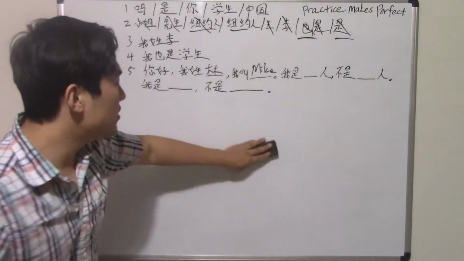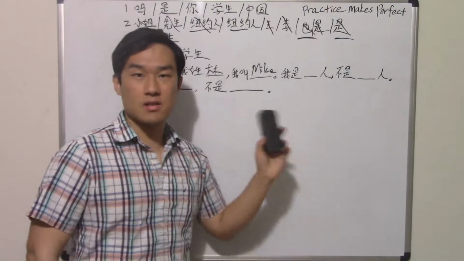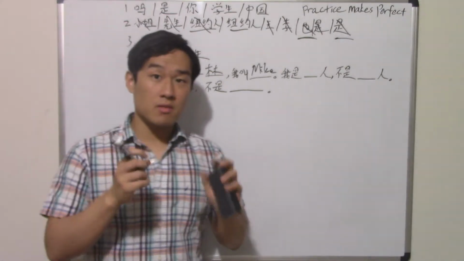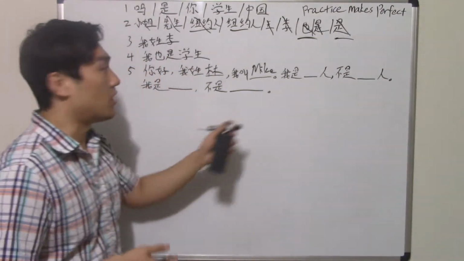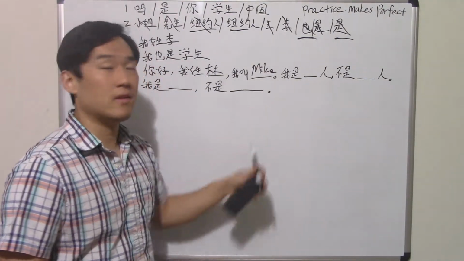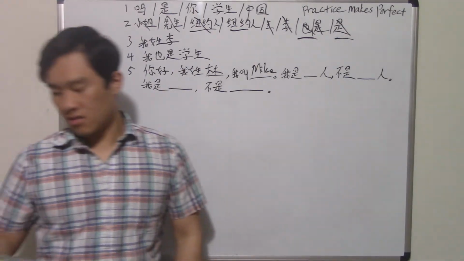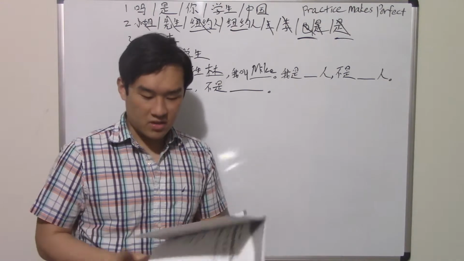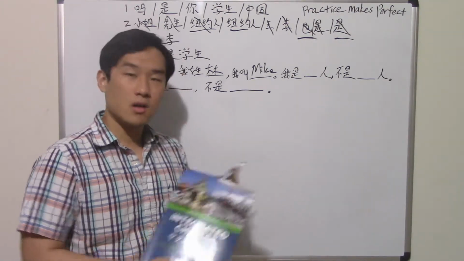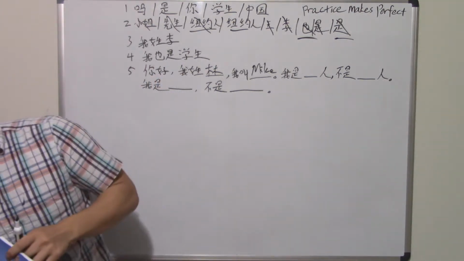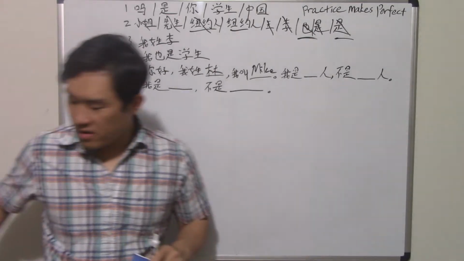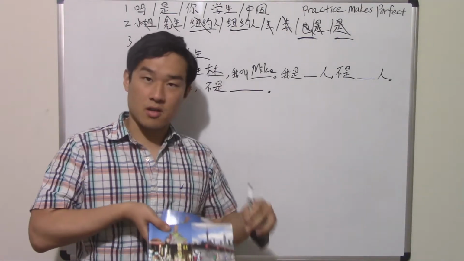So that is basically the practice questions for this lesson. I only pick a little bit, I think one of the hardest ones, or significantly important ones. But if you want, you can also get the book. All my questions are from this simplified characters book, and it comes with this textbook.